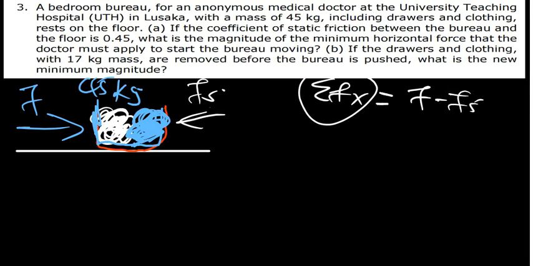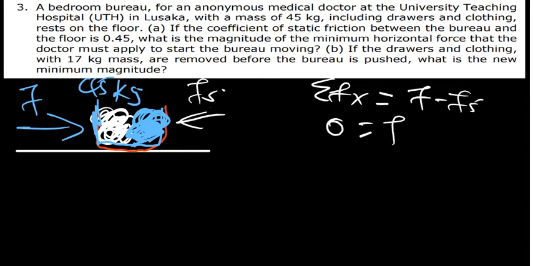How can you know that the net force is 0 here? Because we're talking about static friction, meaning the object is not moving. Static friction is a friction which is there when the object is not moving. Once the object starts moving, then that static friction is converted to kinetic friction.